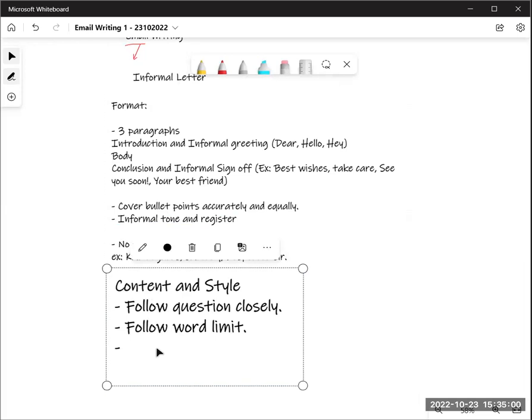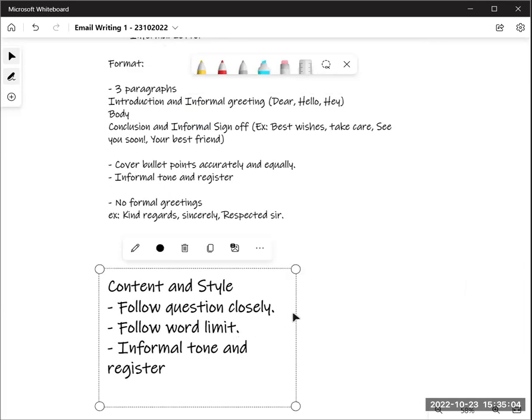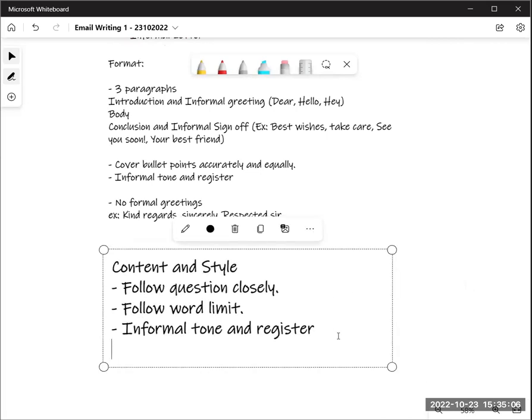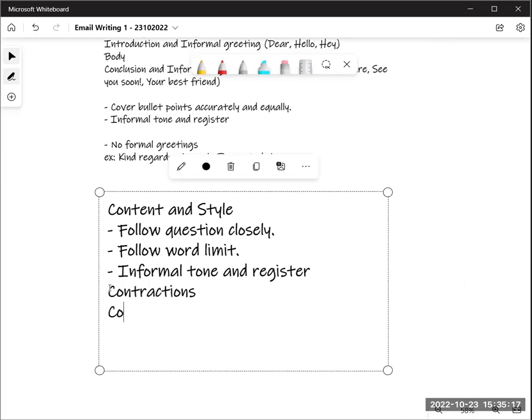What does that mean? Informal tone and register. Well, a few examples of these could be, let's say, you can use contractions, you can use colloquialism, and I'll teach you all of this in a second. And you can ask me if you have any doubts as well.